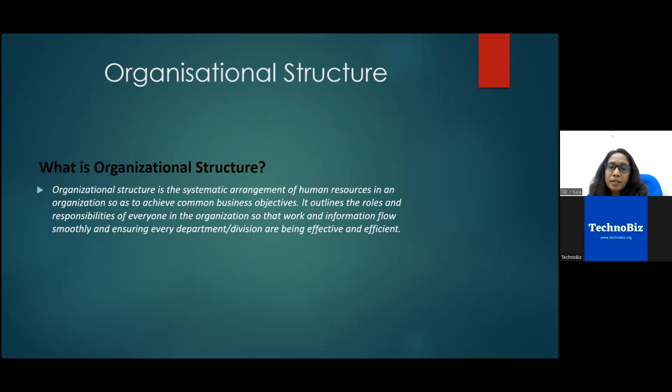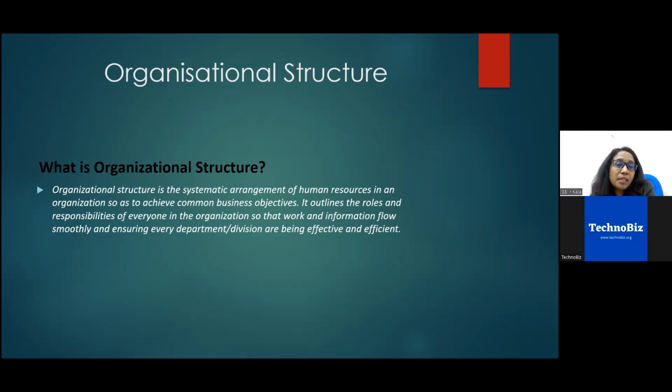This reduces wastage of resources and increases productivity. Without a proper organizational structure, there would be discomfort and conflict in a business. Most important, an organization must create a centralized or decentralized organizational structure depending on its workflow needs.